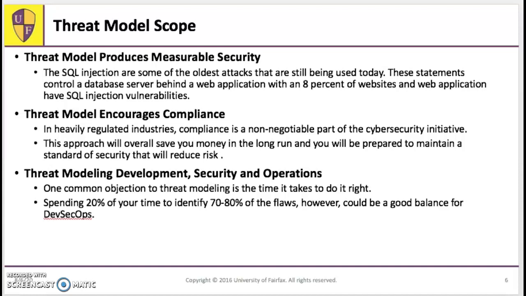Basically, the statement controls the database, and within 8% of websites and web applications have SQL injection vulnerabilities. This is probably an ongoing thing that's out there, but understanding the model and constantly trying to mitigate those vulnerabilities before they become exploited is very important. It's something you almost can't get around without doing.